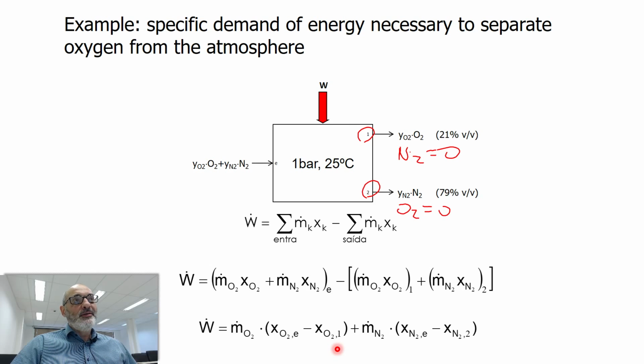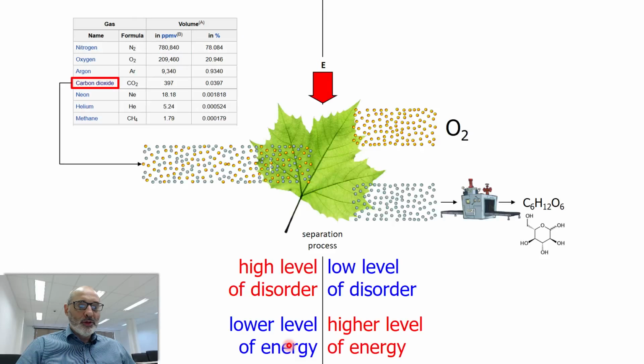And we can already figure out if W is positive or negative. Let me ask you a question, to see if you're following my reasoning. I'm going back a few slides, just to show you. Before being separated, we have a high level of disorder. After separation, we have a low level of disorder, okay?